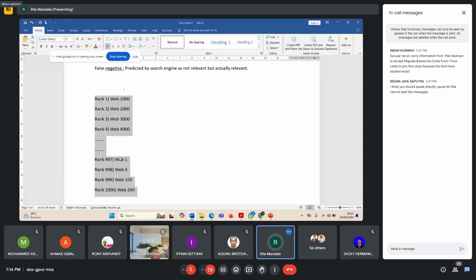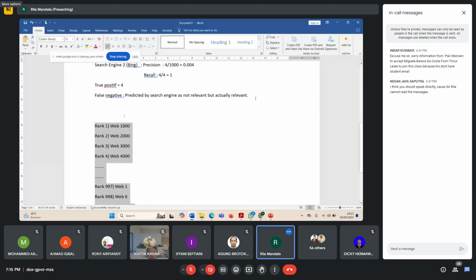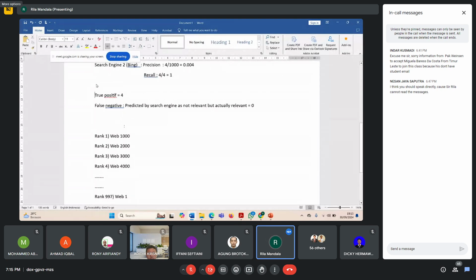Every search engine tries to give you the predicted relevant document. So the false negative is 0. Understand, all of you?